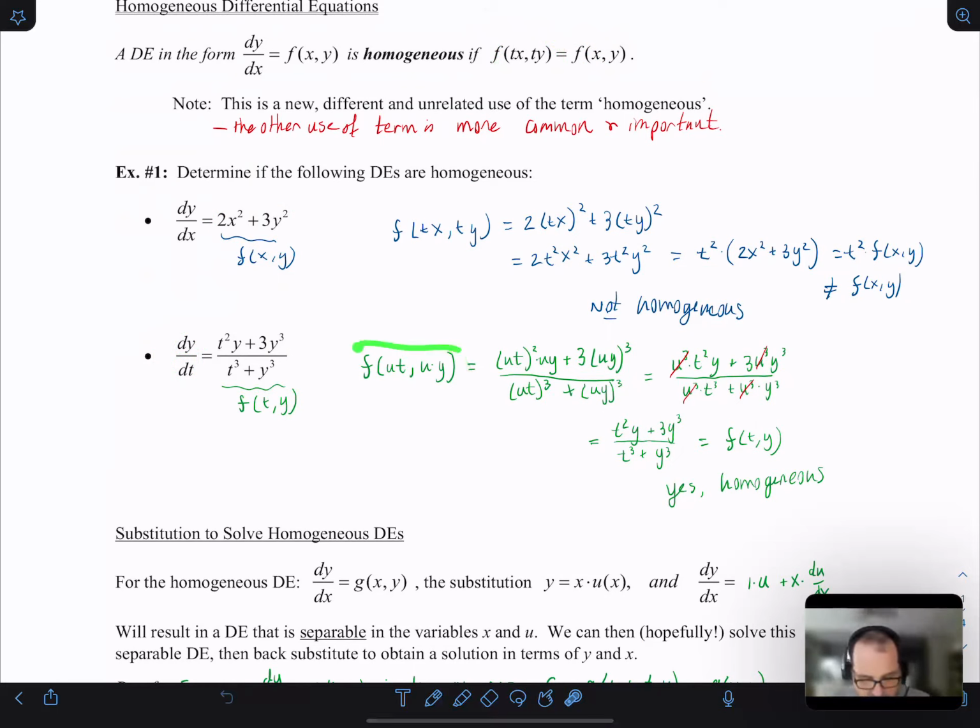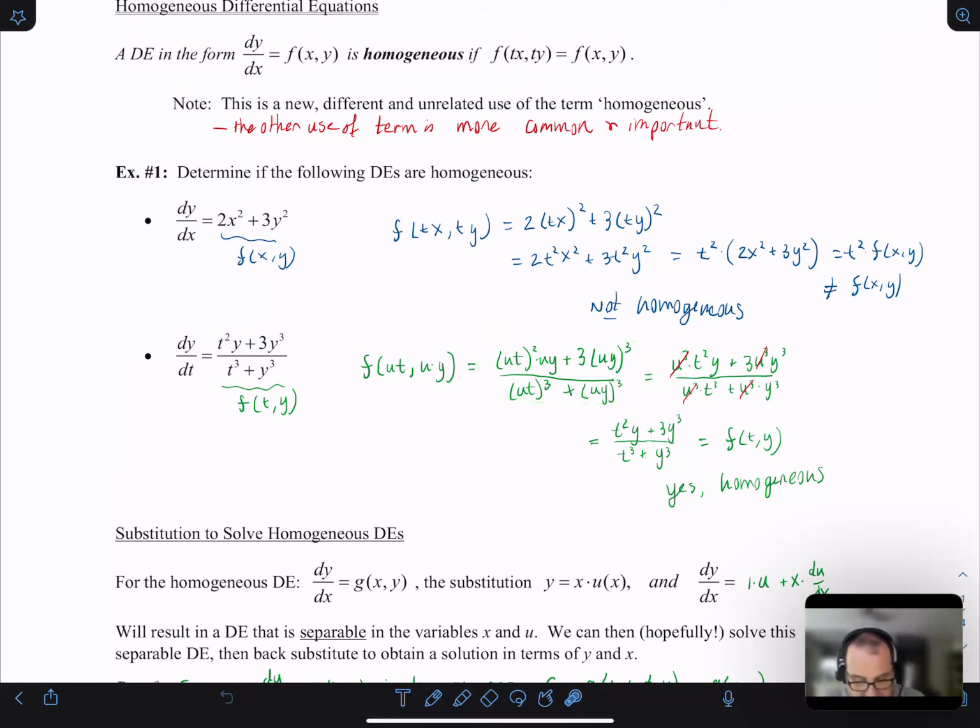If I put in ut for t and uy for y, this would be my test to see if we have homogeneity here. Again, I'm looking to see if this ends up being the same as the function f of t,y. So if we substitute in, we get this.